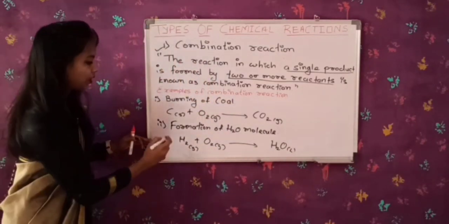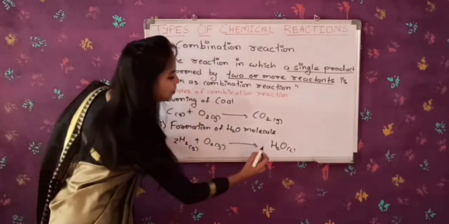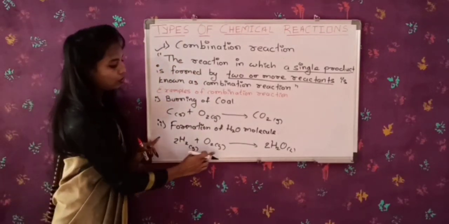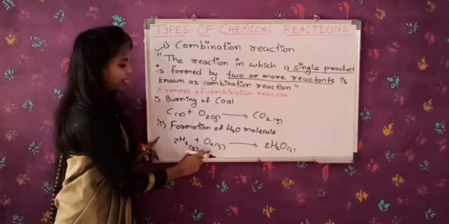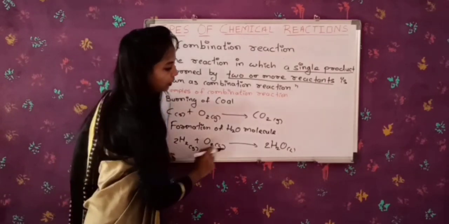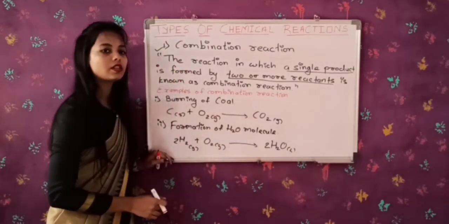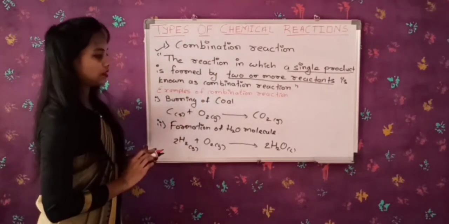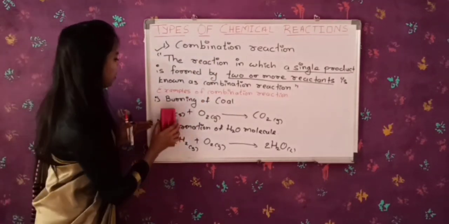Okay. So here to balance reaction I am writing here 2 on both sides. Here we can see that there are 2 reactants and by reaction between them it will give just a single product. So this reaction is also known as combination reaction. Now let us see another example.